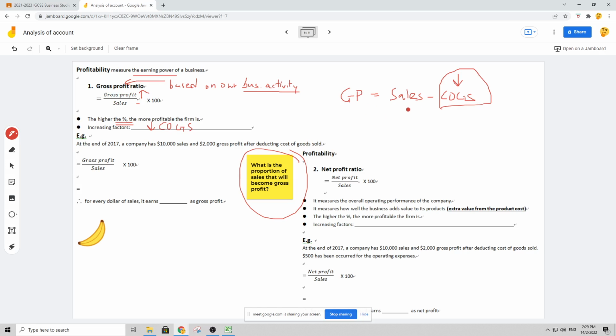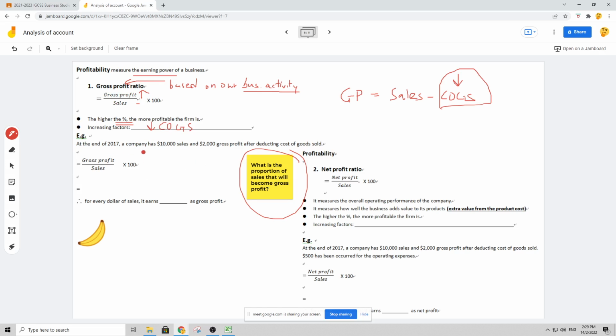So sometimes we look at the proportion of the sales, how much of it is really profit at the end. If we understand this idea, then we can come up with this equation and simply answer different questions with the numbers given.